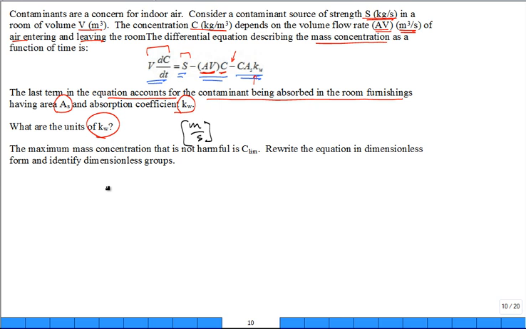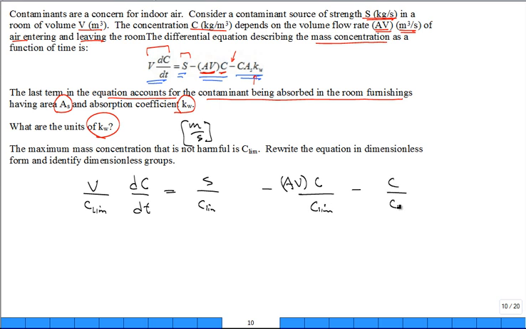If I put the volume and divide by the C limit, then I have dC/dt equal to S divided by C limit, and then minus AV, the volumetric flow rate, C divided by C limit, and then minus C divided by C limit.